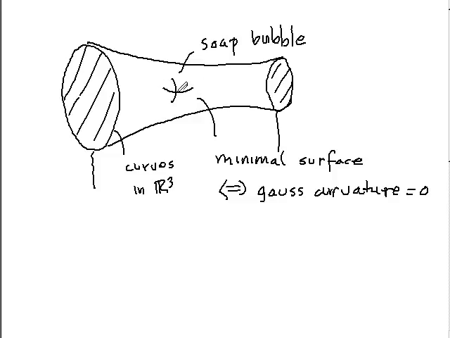So this has Gauss curvature 0, and because there's no net force. The curvature is related to the force, and if there's no net force on the surface, because the surface isn't moving, the equilibrium condition says that the Gauss curvature is 0.